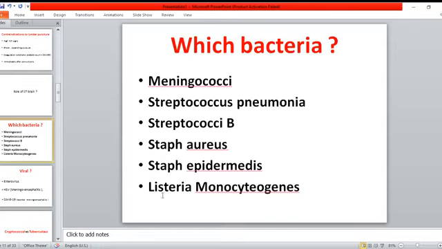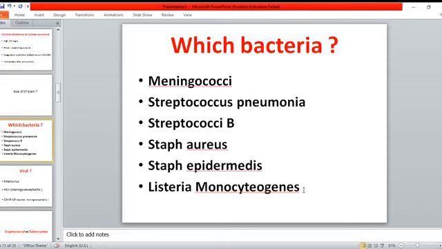Listeria monocytogenes, it's very important to think of this in the young patients or in the elderly. So in patients above 60 years or young infants below 3 months, the immunocompromised patients, and those patients who are fond of eating French cheese.